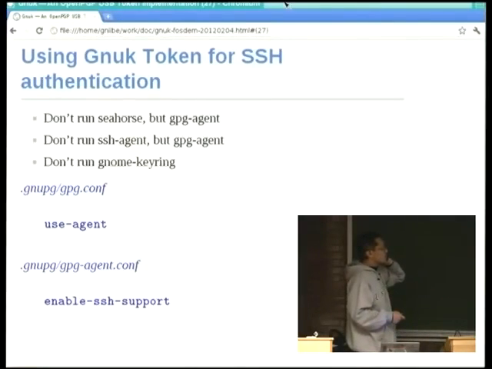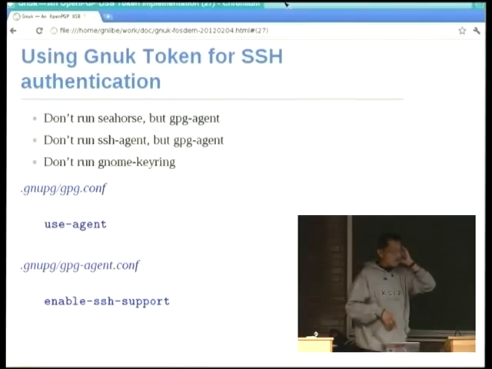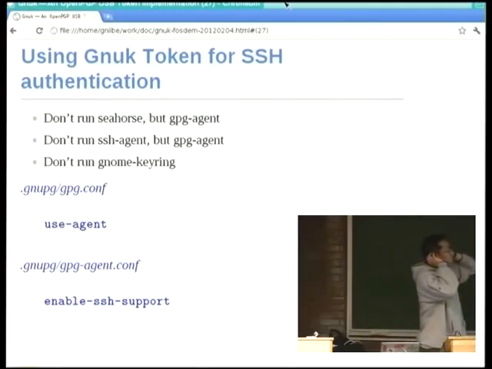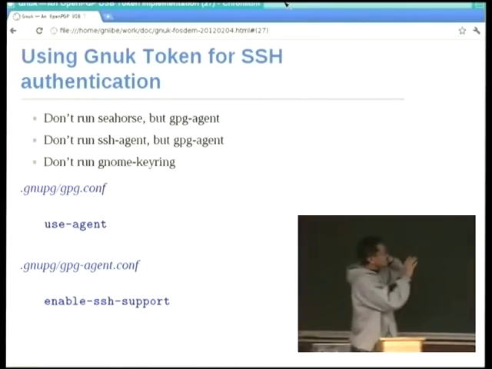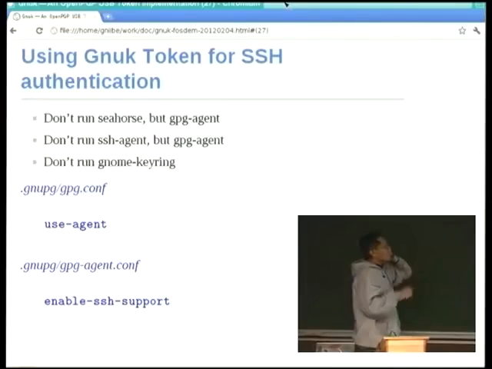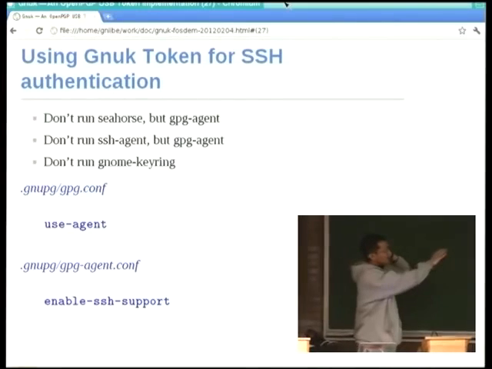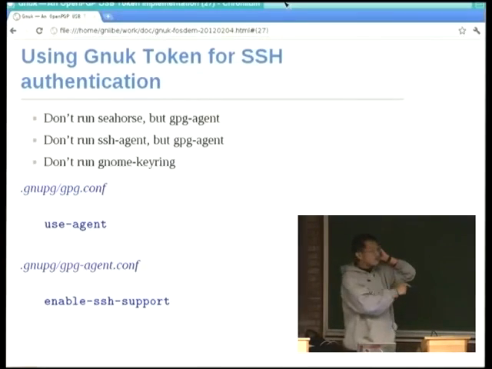difficult, because there are many applications which have a role of SSH agent. So using GPG agent as an SSH agent, we need to stop ssh-agent, the original SSH agent, and GNOME keyring. In usual distributions, those three plus GPG agent have a role of SSH agent.